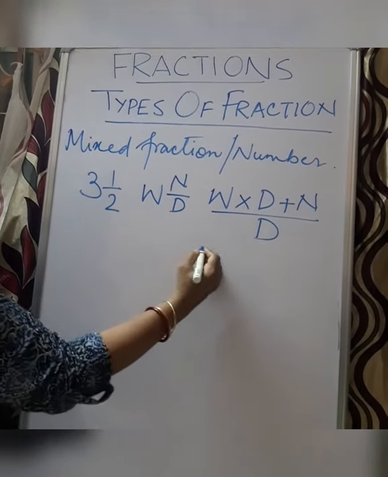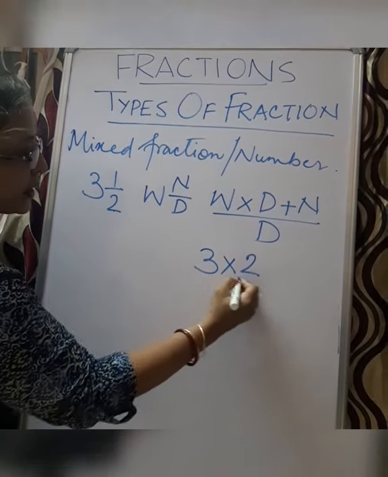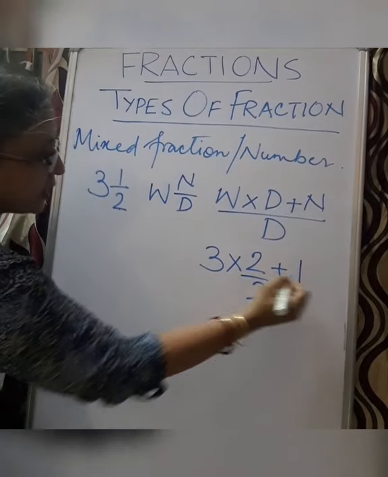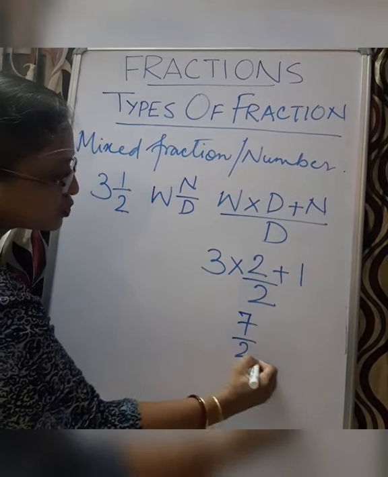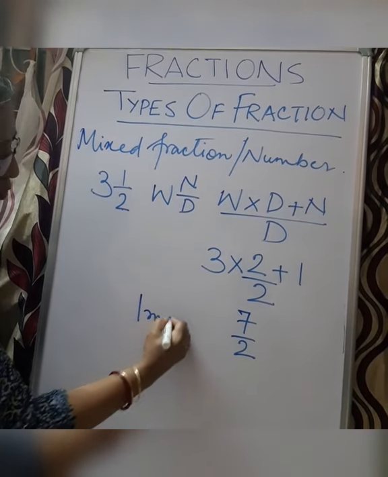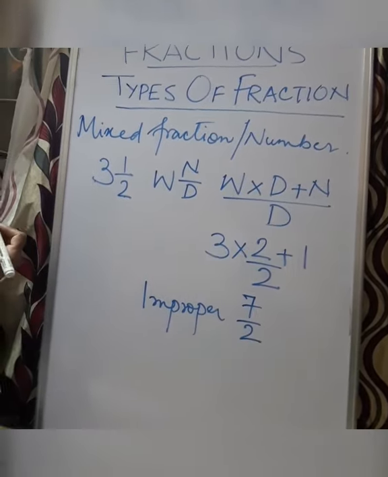The whole number is 3, multiplied by denominator 2, and add the numerator, that is 1. So 3 2s are 6 plus 1, 7 by 2. So this improper fraction we got from this mixed fraction.